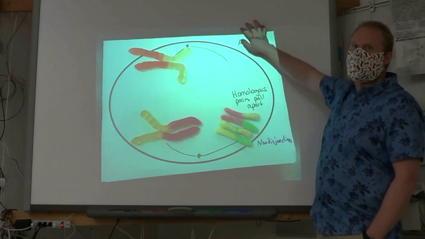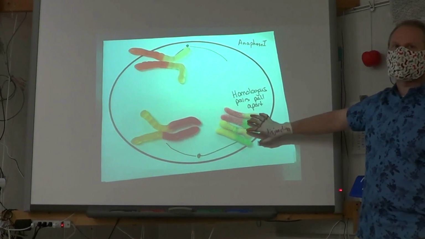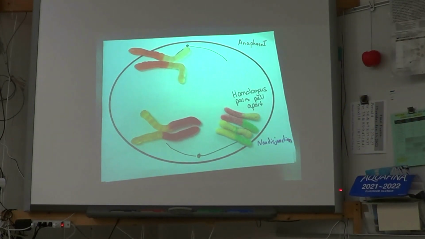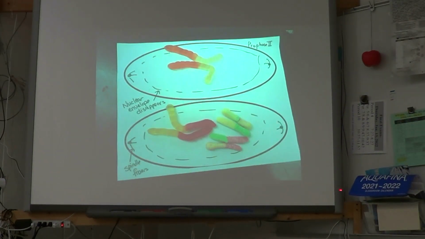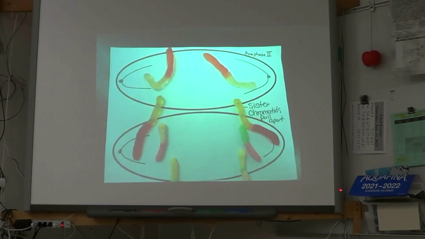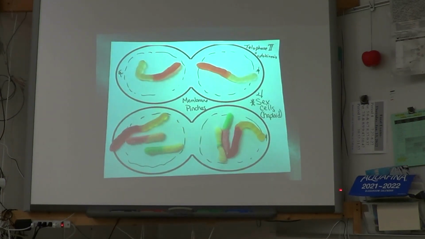These should have gone up and these should have gone down. We call this nondisjunction. Everything else progresses as normal, with the exception of when we're done. The top two cells have fewer chromosomes than they should, and the bottom two cells have an extra set of chromosomes that they shouldn't have.